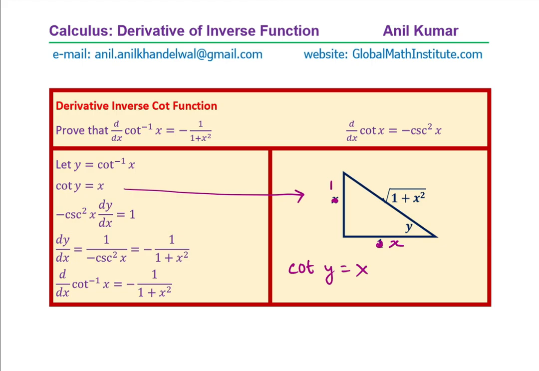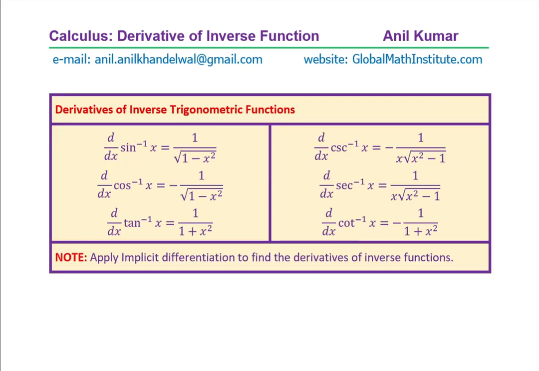So x and 1, and then we can get the derivative. So we have the derivative of cotangent y as minus cosecant square, substitute the value, get the result. You get the idea. So with this, we have done the derivative of all inverse trigonometric ratios.